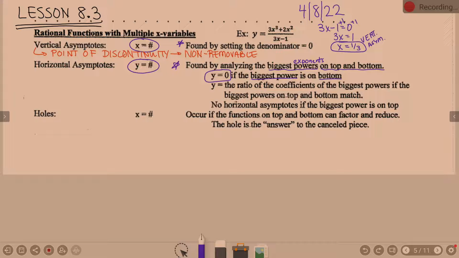We had y equals 0. If the biggest powers match, so if your highest exponent on top and your highest exponent on bottom match, it's y equals the ratio of those coefficients.